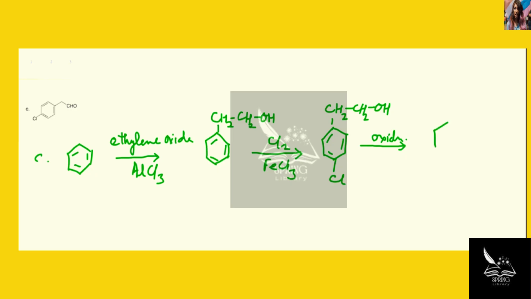So by controlled oxidation, you can get the CHO group, the aldehyde group here, and the halogen will remain as such at the para position. So this is the final compound which is formed. The third product is formed, and that's all.